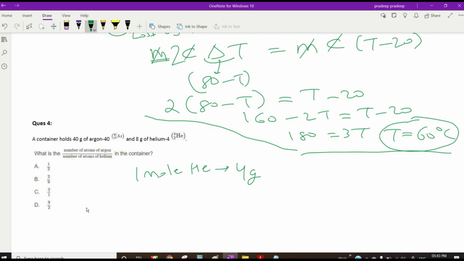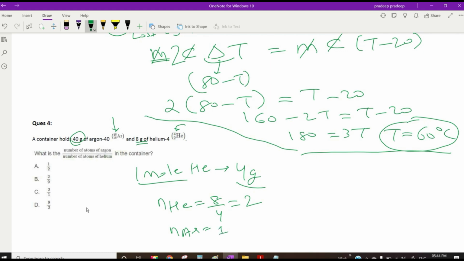Yes, good. Okay, so Sheldon, you should pay attention here. It's given 1 mole of helium is 4 grams. Here it is represented by this, the 4. This is the molar mass. So what is given to you is 8 grams of helium. That means the number of moles of helium which you have is 2, which comes out from 8 by 4. Similarly, if I consider argon, its molar mass is 40 and 40 grams itself is given to you, which means the number of moles of argon will be 1.